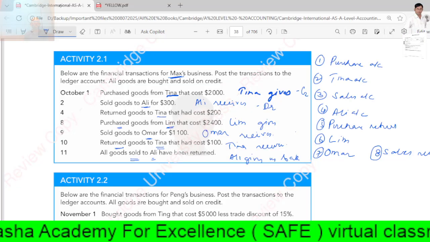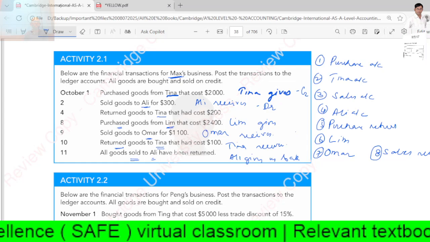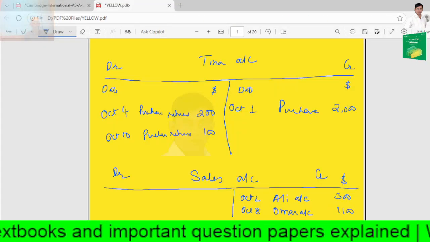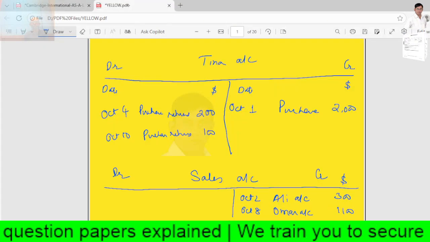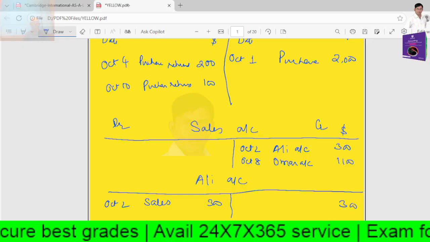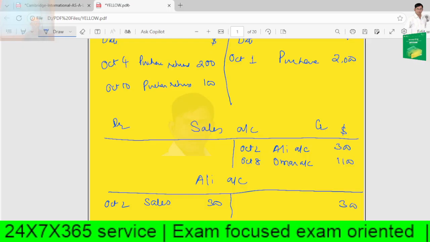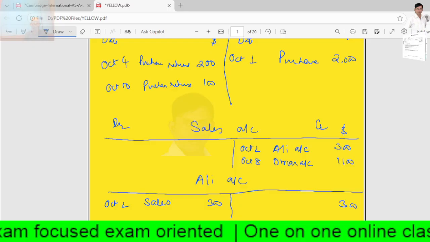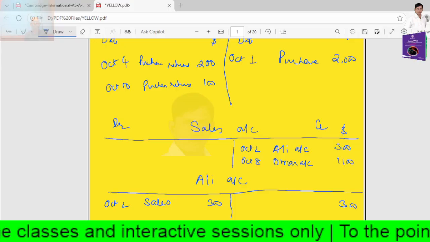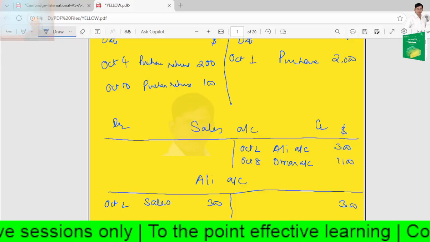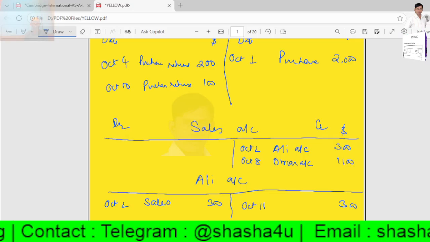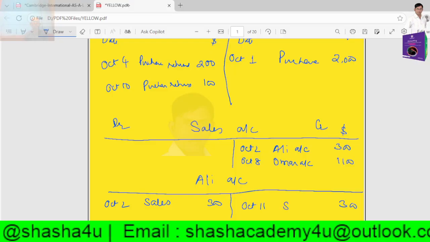So whatever we have sold to Ali, 11th, sales returns and Ali. So we have to credit Ali because he is the giver. Credit the giver. He is the giver of the goods. So October 11th. Why are we crediting? Because of sales returns.